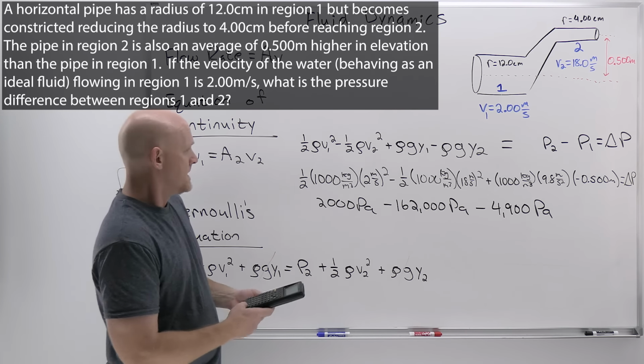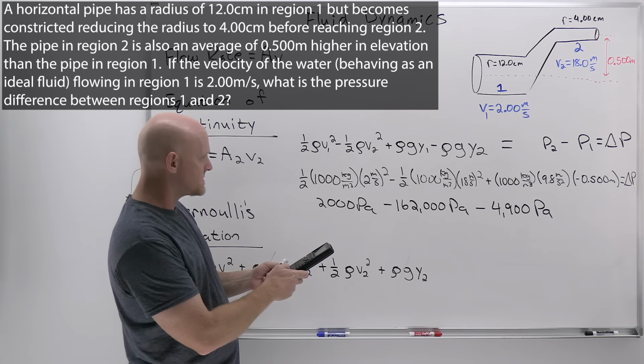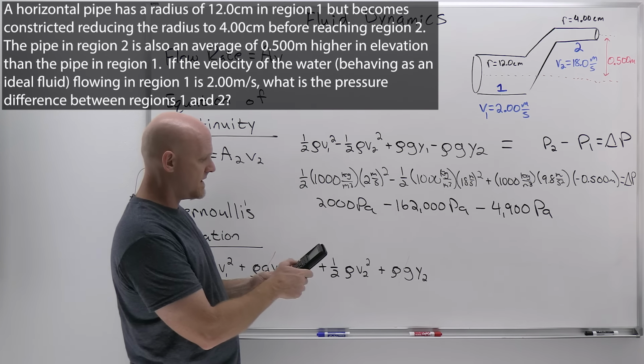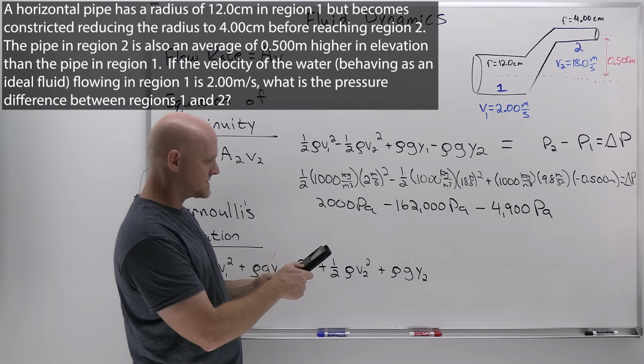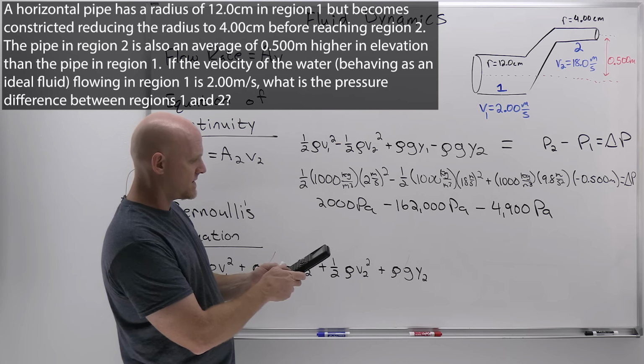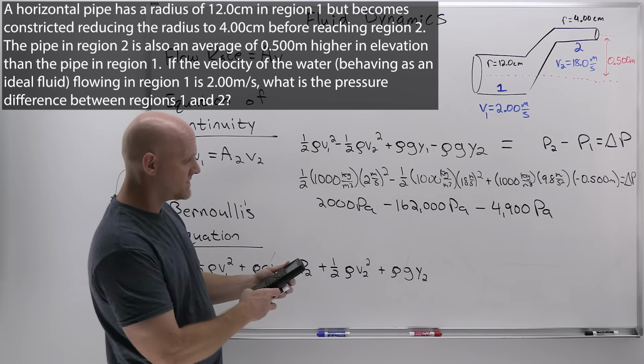From here, I'm definitely just going to let the calculator do the rest of the work for me. So 2,000 minus 162,000 would be negative 160,000. I put one wrong number in there. And then minus 4,900, and we get, this time, negative 164,900.